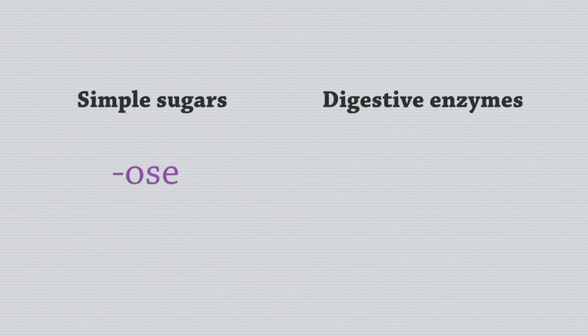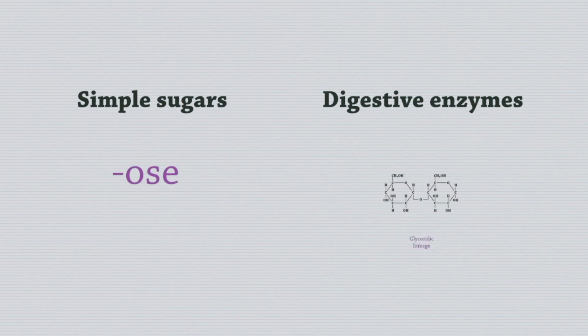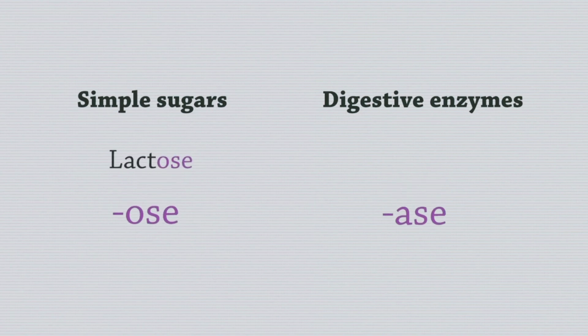The enzymes responsible for breaking down the glycosidic linkage in the disaccharides have the same prefix as the disaccharide and with the suffix -ase. People who are lactose intolerant do not have sufficient lactase in their gut. Lactase is the enzyme that digests lactose.